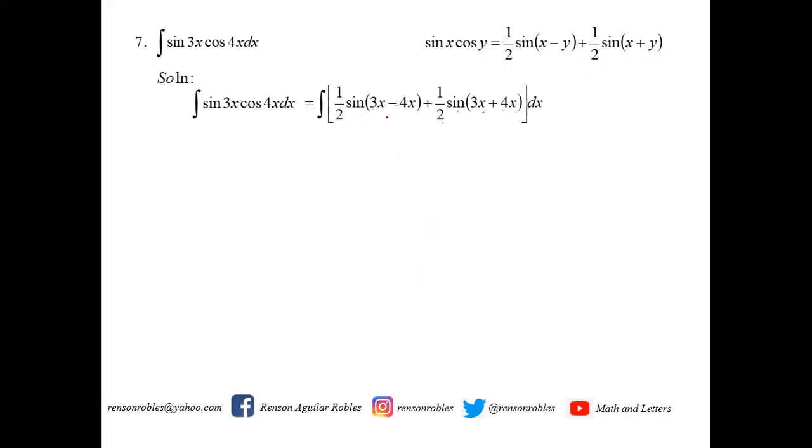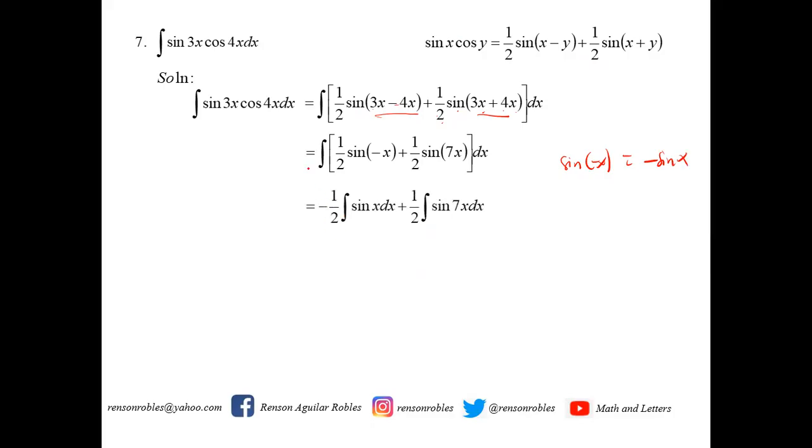And then simplifying this, we have the integral of 1/2 sine of negative x plus 1/2 sine 7x. And you know that by the odd identity, sine of negative x is negative sine x. And then this can now be rewritten as negative 1/2 integral of sine x dx plus 1/2 integral of sine 7x dx. And you know that the integral of sine x dx is negative cosine x plus c.